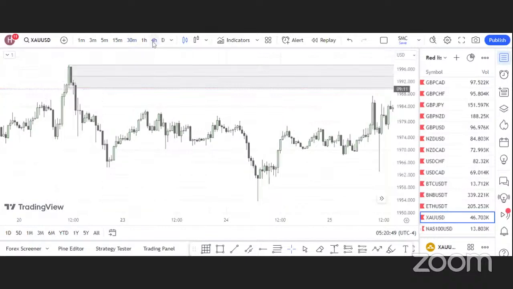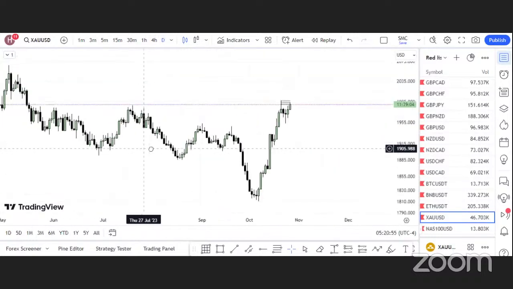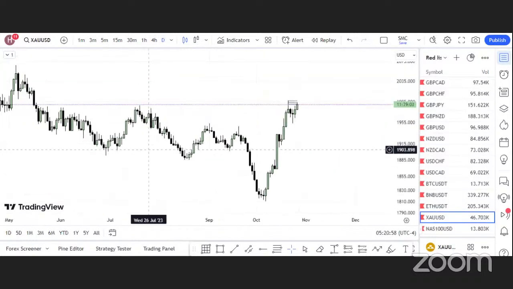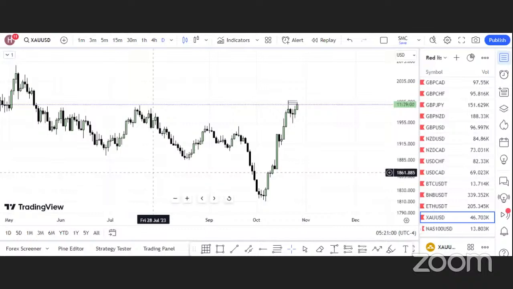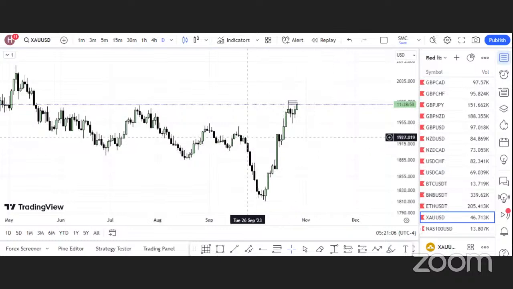Let's go to the 4-hour again. Let's go to the daily time frame, because these days I don't want to trade gold blindly. I don't want to put a position on gold that is going to take me out. The gold market has done that severally. When you think the market is going to continue to go up, that is when the market will go down, right?